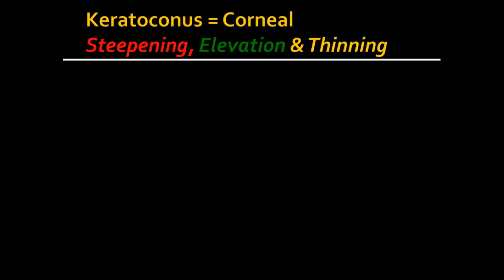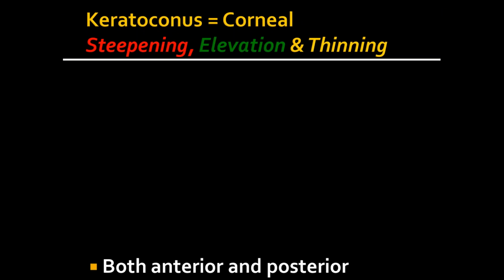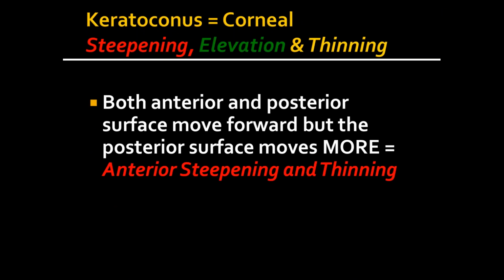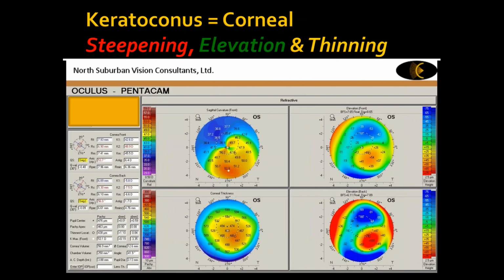So keratoconus actually equals corneal steepening, elevation, and resultant thinning. As Bill mentioned, both the anterior and posterior surfaces move forward in keratoconus, but the posterior surface is more anteriorly displaced than the anterior surface, so that results in the localized thinning. We can see that in this particular example, where in the upper left we have the curvature map.